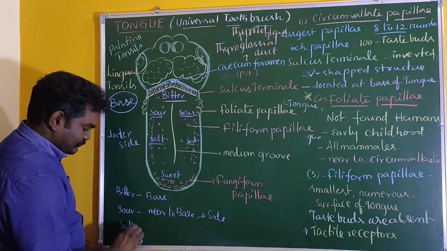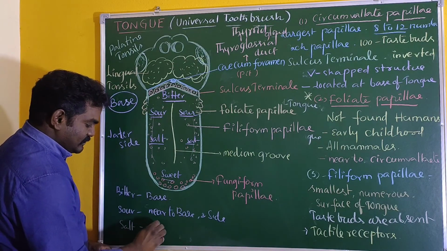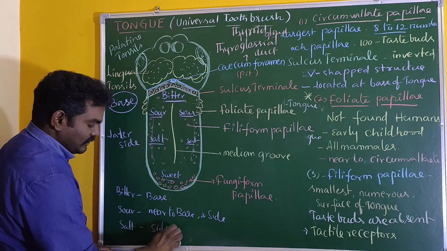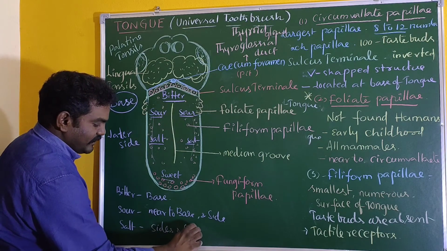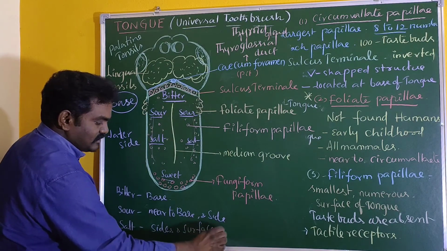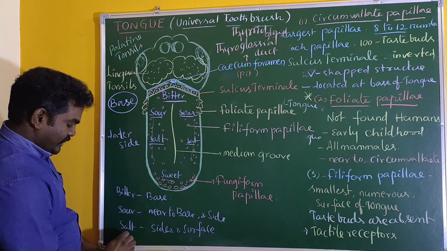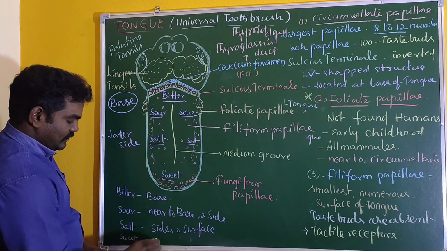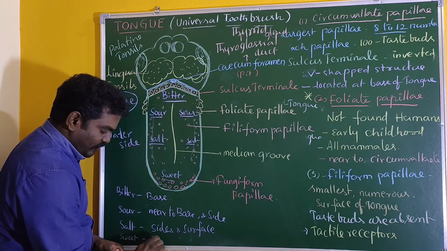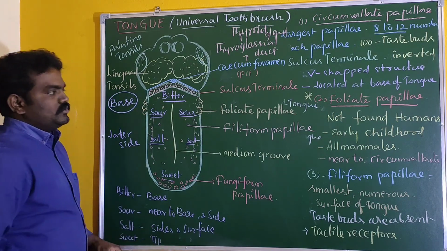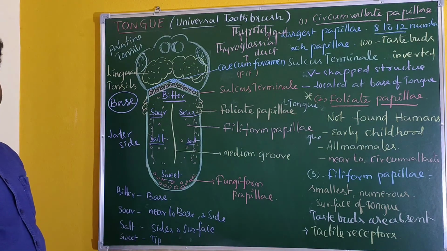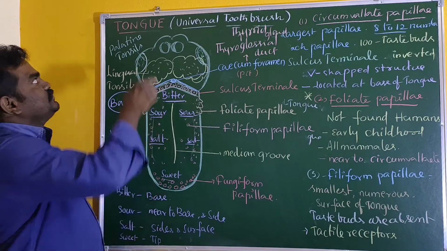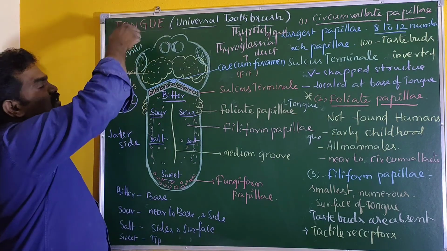Salt, sides and surface of the tongue. Sweet is at the tip of the tongue. So this is the complete information related to the tongue, the universal toothbrush.